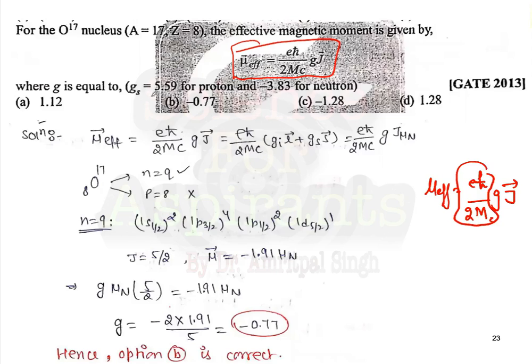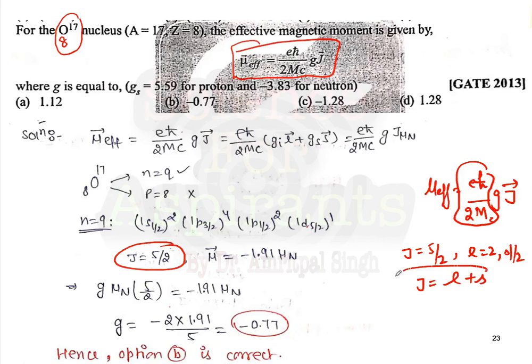What is given is the spin gyromagnetic ratio for proton and neutron, and for oxygen 17. Once we find the value of the ground state spin, j comes out to be 5/2. It is present in the d orbital, so j is 5/2, L is 2, S is 1/2. Obviously it is a case of L plus S, that is the stretched case, and the stretched case we will find out for the neutron.